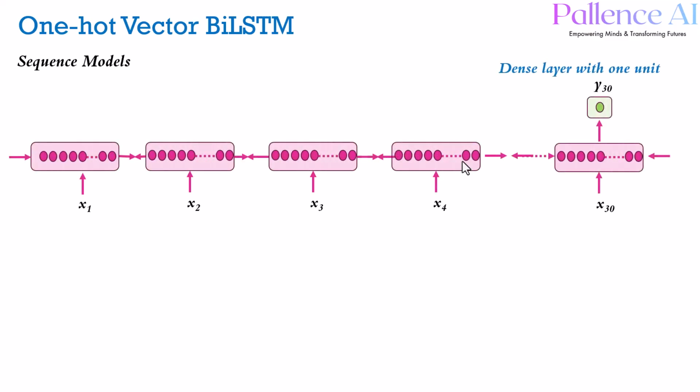This could be an RNN or LSTM or GRU, but let's say this is a bidirectional LSTM layer. We have already seen these kinds of layers in the previous section. Again, this is a sequence to vector model, because let's say we are going to use it to predict the classification of the tweets, whether the tweet is positive or negative. So for that, we have all these time steps.